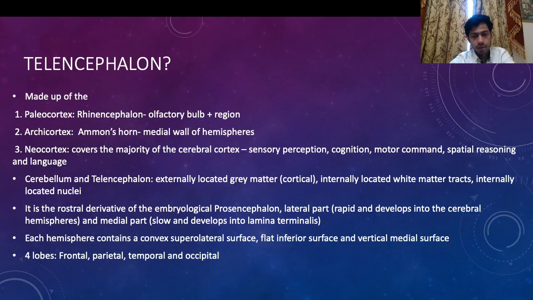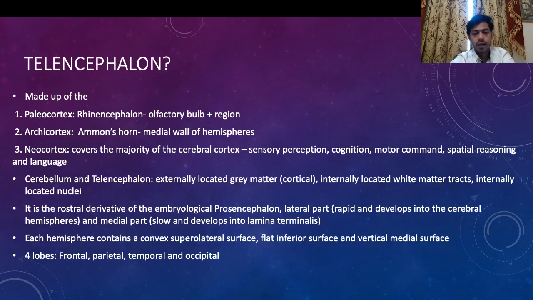I won't go into those topics too much because I think they've been discussed in previous lectures. But how the telencephalon is different from the diencephalon, for example, is that the grey matter is externally located, so it's cortical.